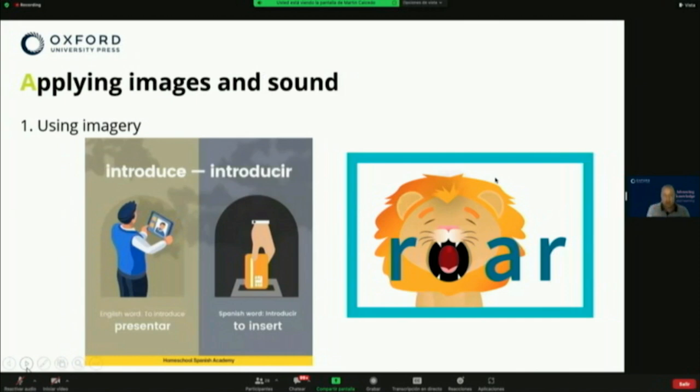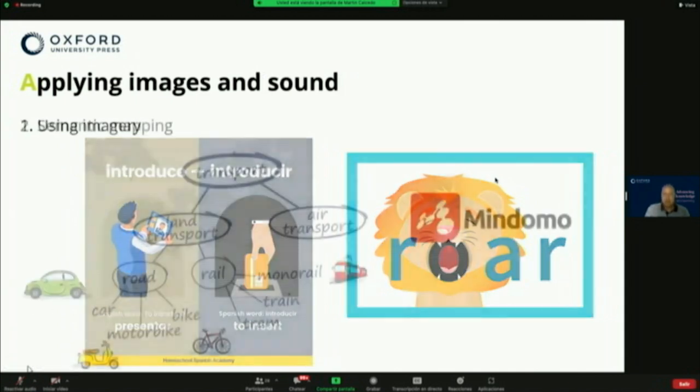So using imagery, for example, here we can see how introduce is introducir in Spanish, but also we know it's got other meanings. Roar, as we have with the lion, this makes this image powerful memorization for our students. And remember that we're talking about the memory strategies.